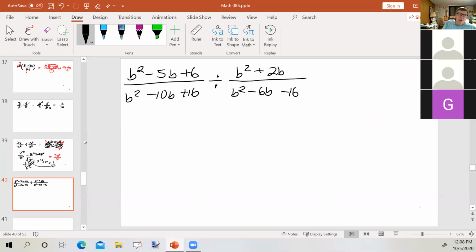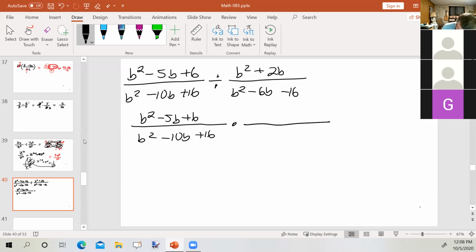So before I factor anything, I'm going to change division to multiplication of the reciprocal. So I'm going to get b squared minus 5b plus 6 over b squared minus 10b plus 16 times b squared minus 6b minus 16 over b squared plus 2b.